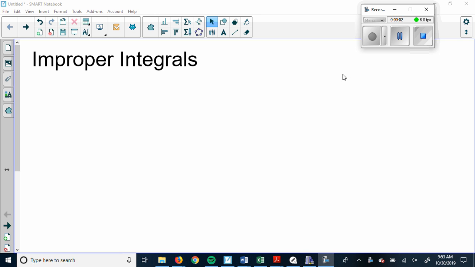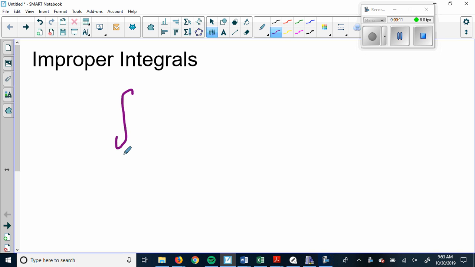We're going to talk today about improper integrals. So what's an improper integral? Well, an improper integral is going to be one that looks like this. We'll say it's the integral from 2 to infinity of 1 over x dx.